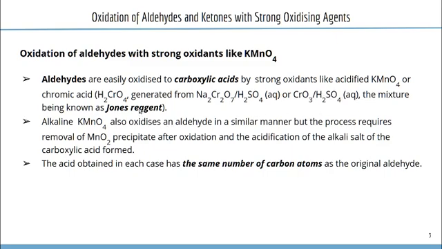So Jones reagent is a strong oxidizing agent, and acidified KMnO4 is also a strong oxidizing agent. By using these oxidizing agents, we can oxidize aldehydes to the corresponding carboxylic acids.